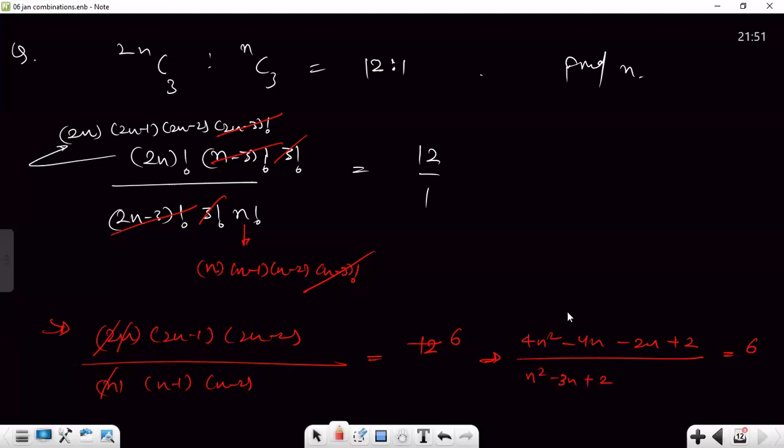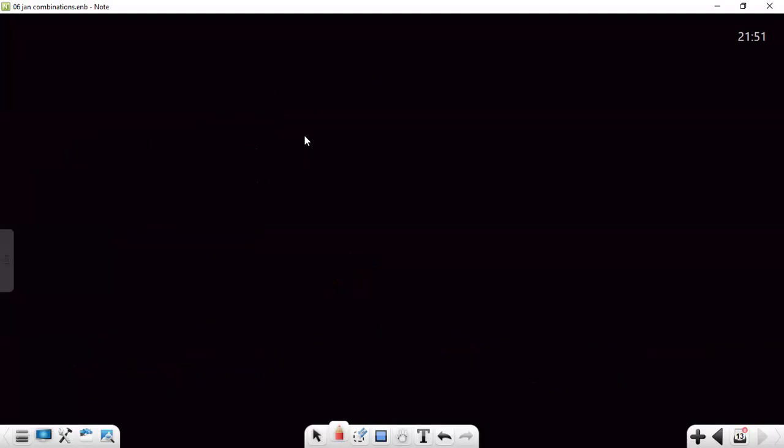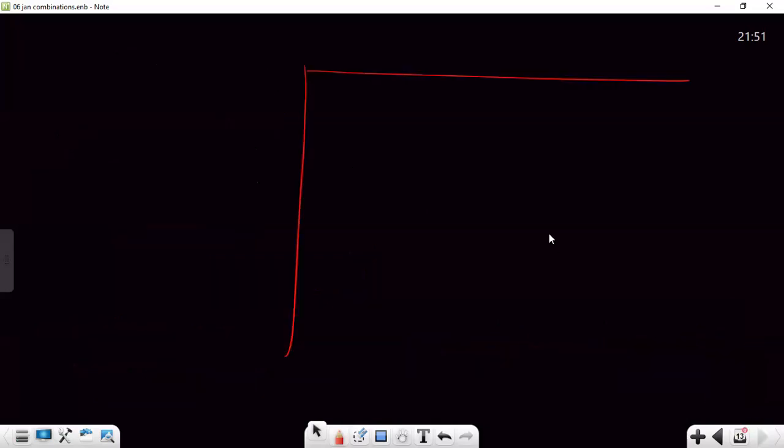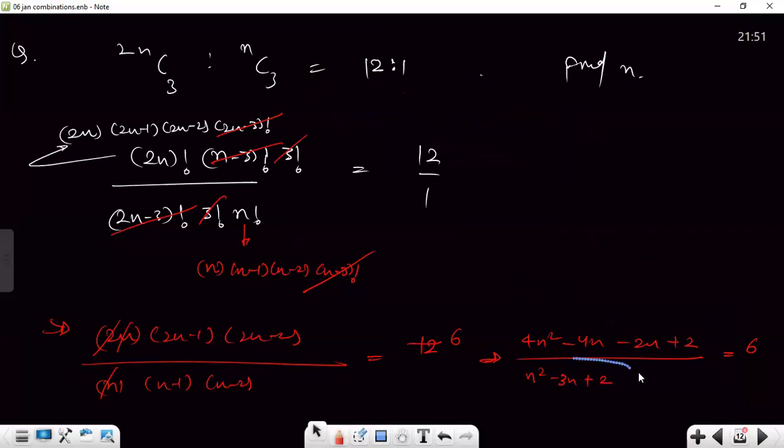Now we shall divide these two polynomials. So the division of polynomial will be like this. Let's write the numerator inside, and the denominator here we write.